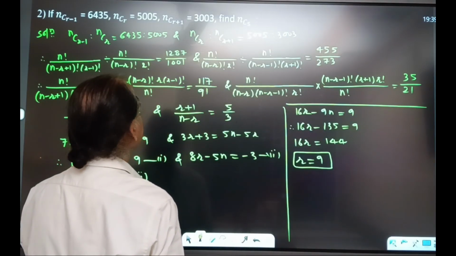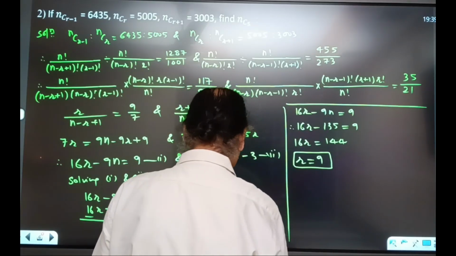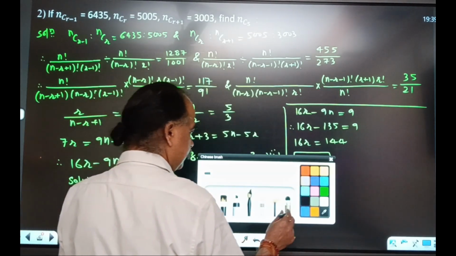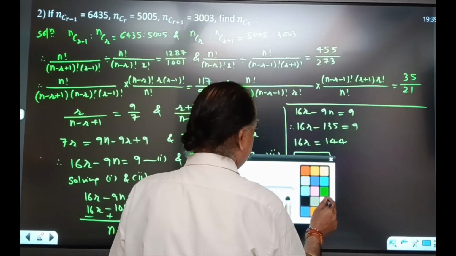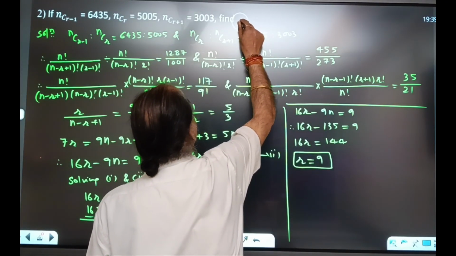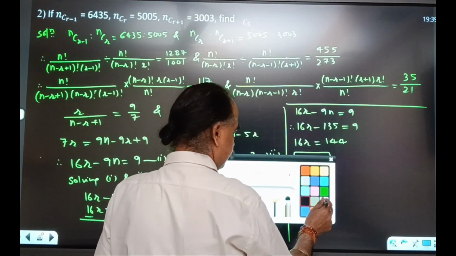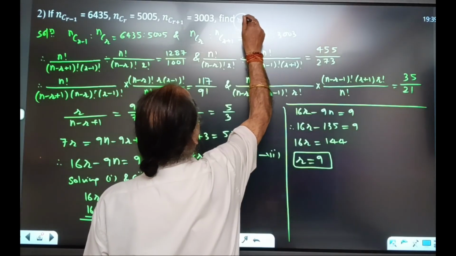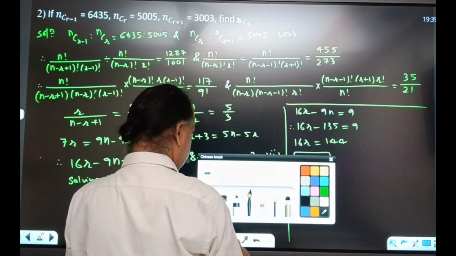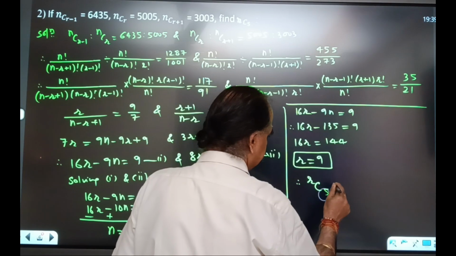To find nC5. Actually it is rC5, not nC5. We need to find out rC5.